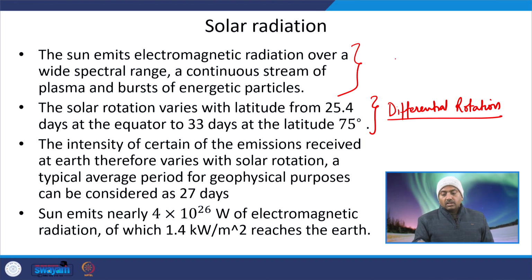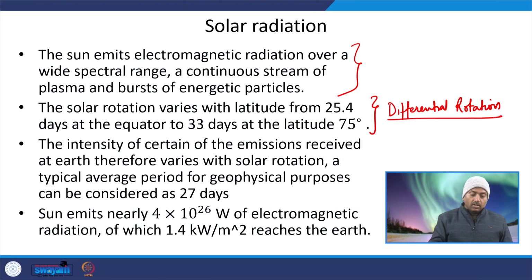So the equator is rotating faster by approximately 7 to 8 days in comparison to the polar latitudes of the sun. There is a continuous decrease of rotational speed from the equator towards the polar latitudes. So, the intensity of certain emissions received at the Earth therefore varies with the solar rotation.